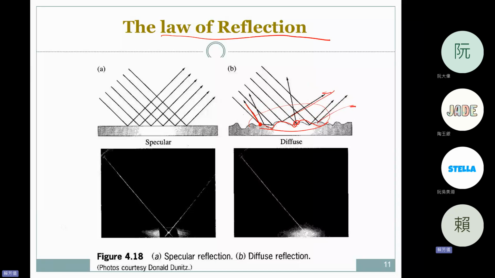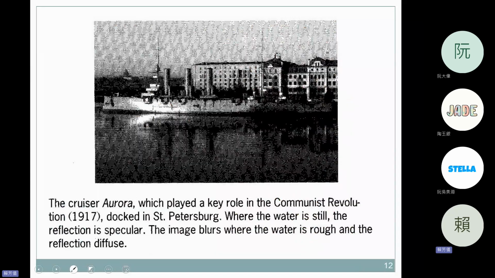But at the impinging surface, it should follow the law of reflection. And when this kind of situation happens, you will see that the light does not just go in the same direction, so you will see a blur, or an unclear image. It is very easy to see this when you go to a lake.